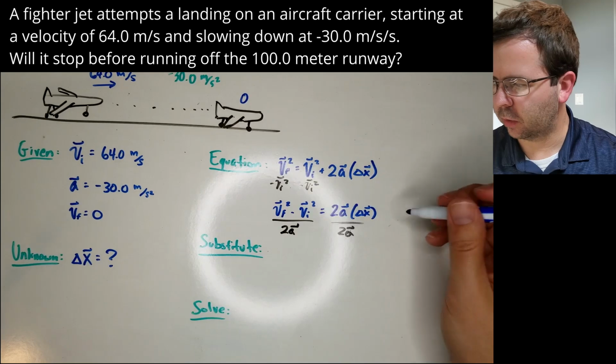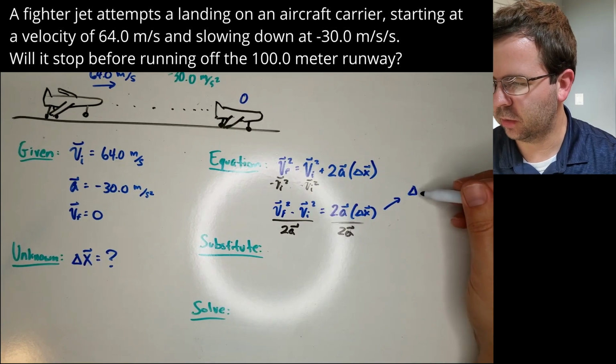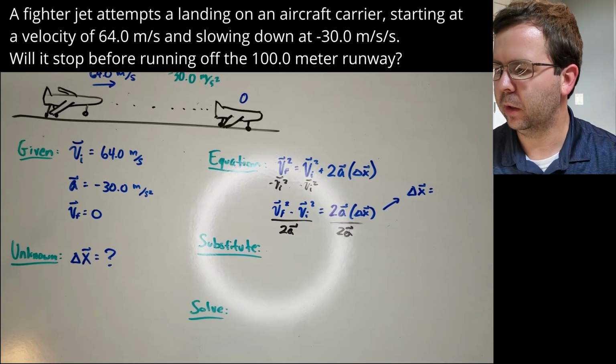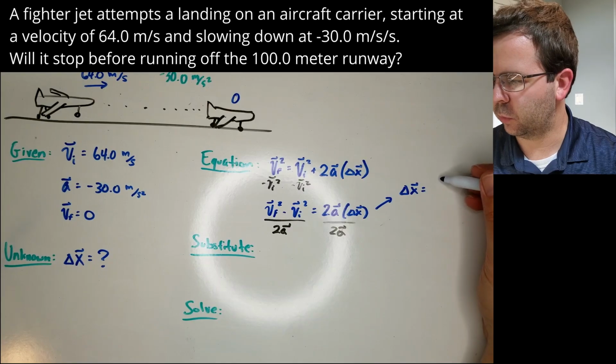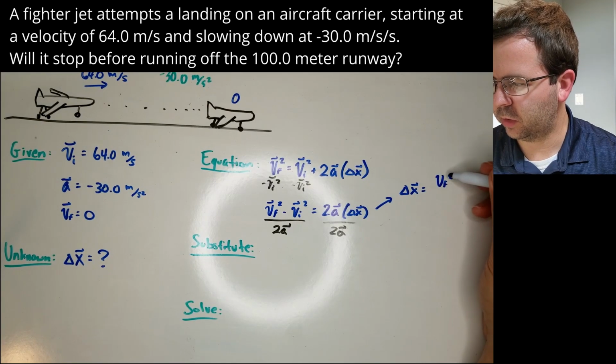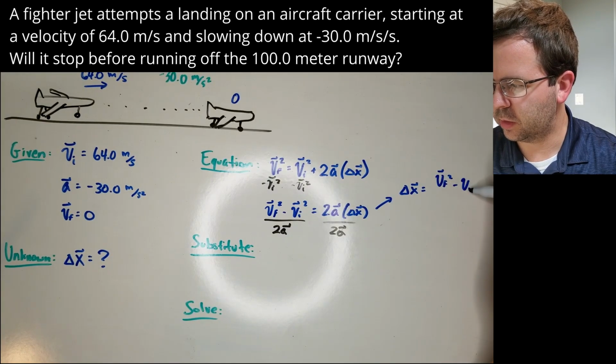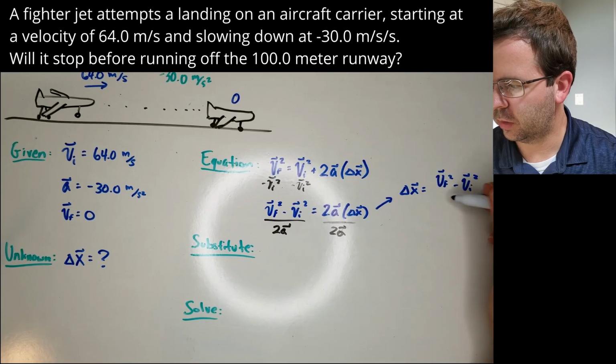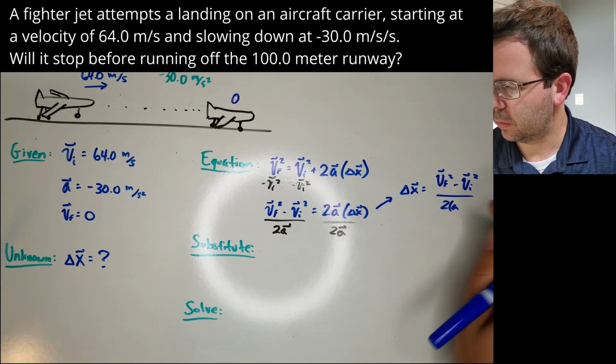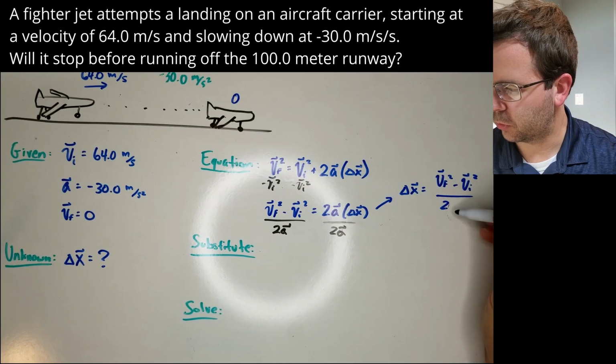So I'll rewrite our final form of the equation here, solved for the displacement of the plane. So that will be delta x equals the final velocity squared minus the initial velocity squared all over 2 times acceleration.